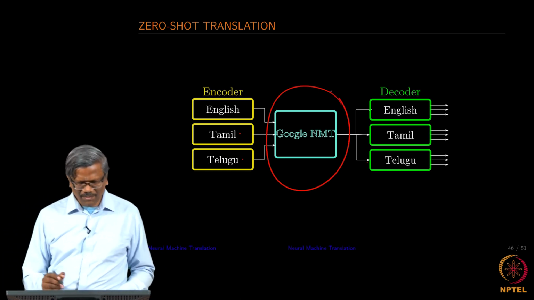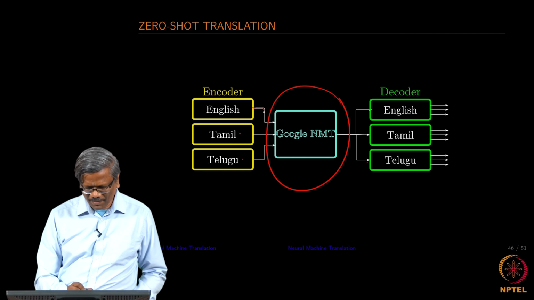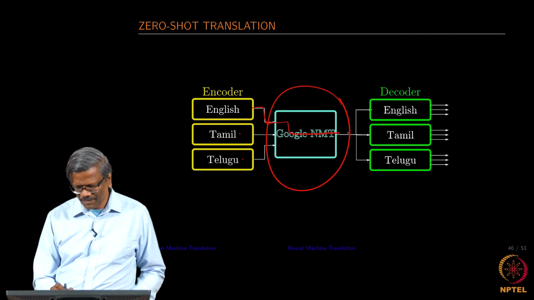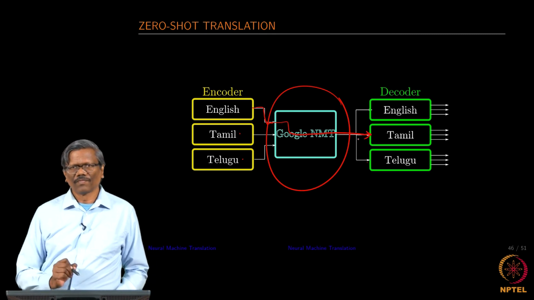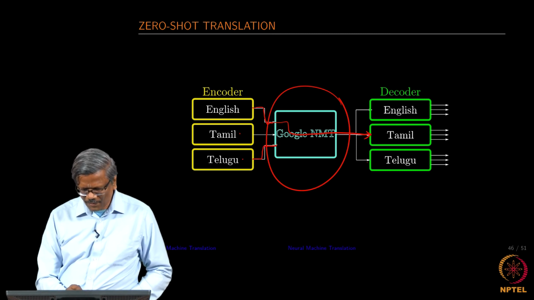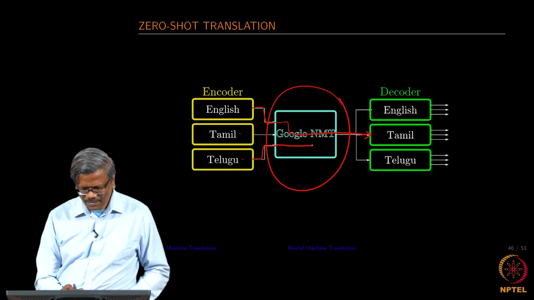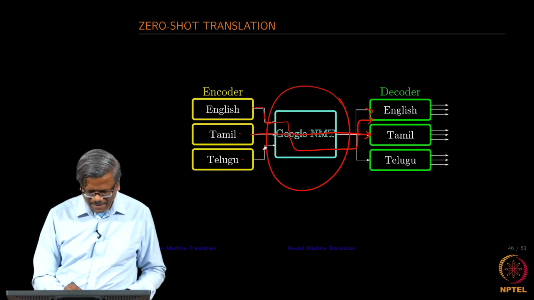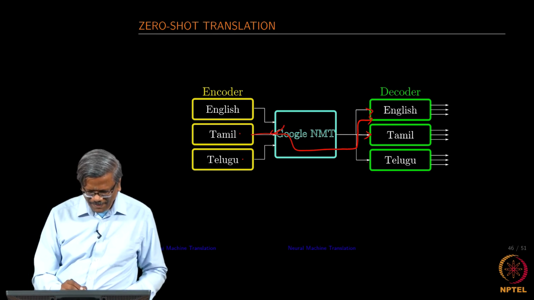During the training process, let us say we are going to be doing the training process for Tamil, and then we do this for Telugu. I think it is a little messy, let me erase first.